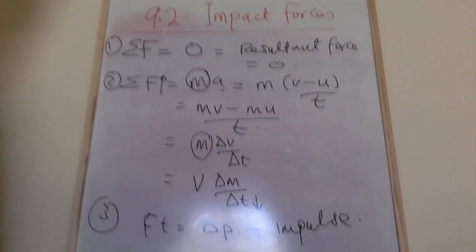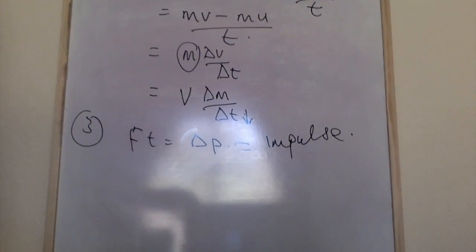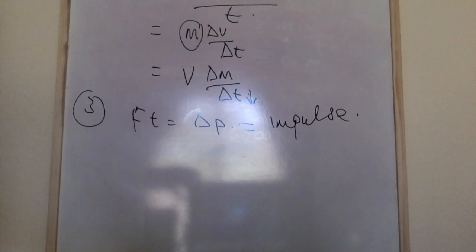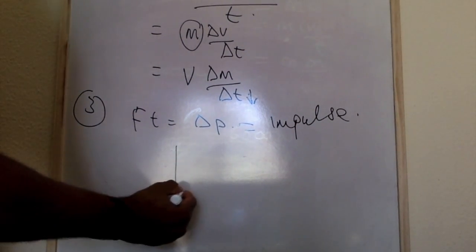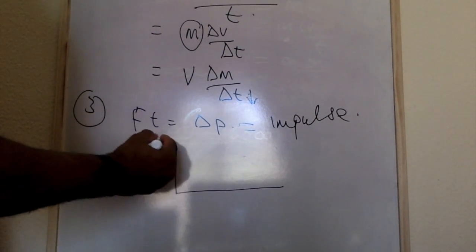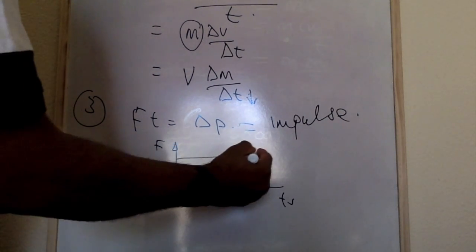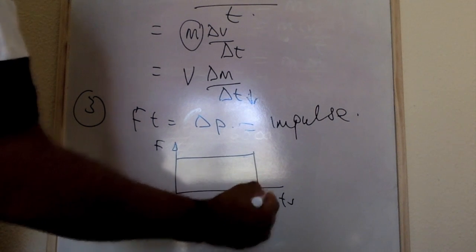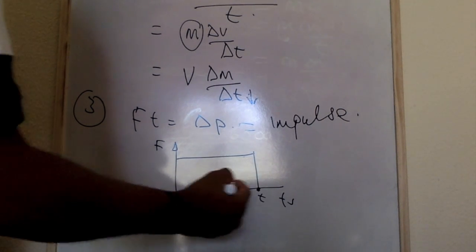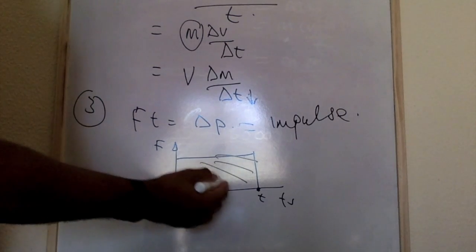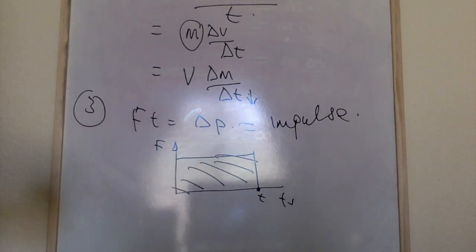Okay? We also talked about the force-time graph, which means that if we have a graph with force there and the time in seconds, if the force is constant and is applied over a particular time t, we can find the area under this graph. Okay?